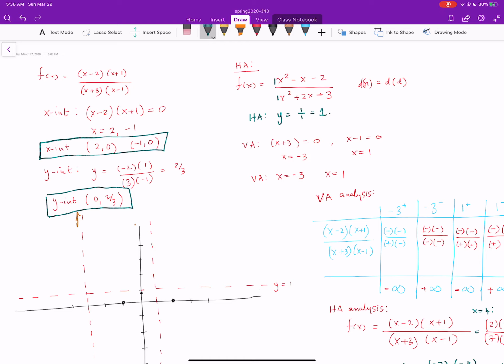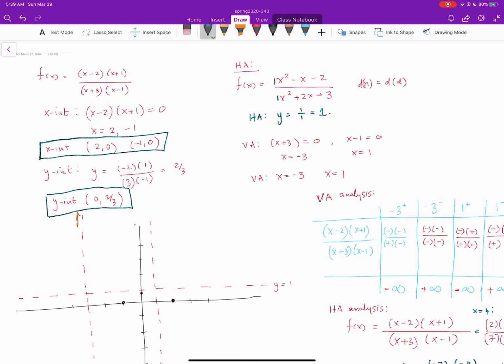If the degree of the numerator is smaller than the degree of the denominator, then we have y equal to 0 as the horizontal asymptote. And finally, if the degree of the numerator is bigger than the degree of the denominator, then there is no horizontal asymptote.